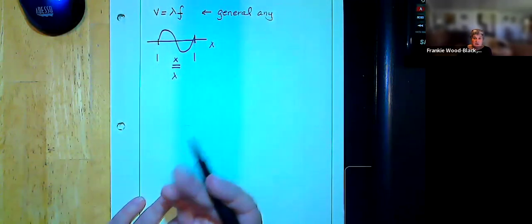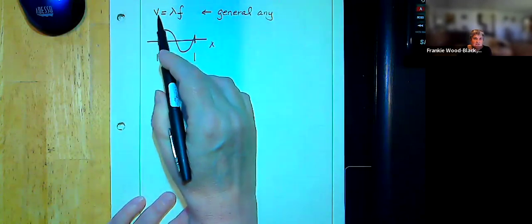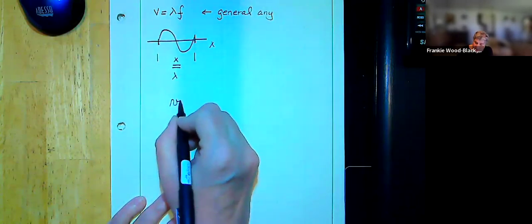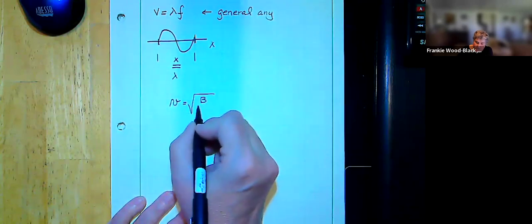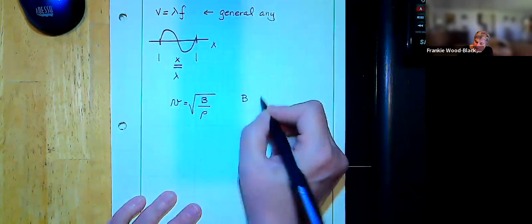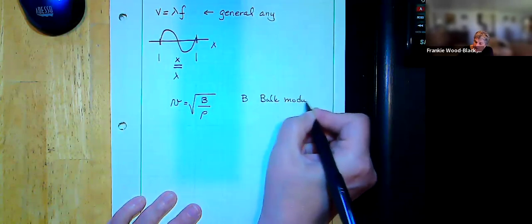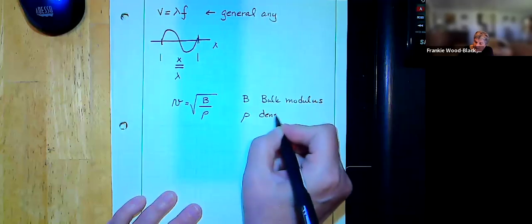Doesn't have to go through a medium, but we're going to see that the speed of a mechanical wave is actually going to be dependent. You can look at it with this, where B is the bulk modulus and rho is the density.